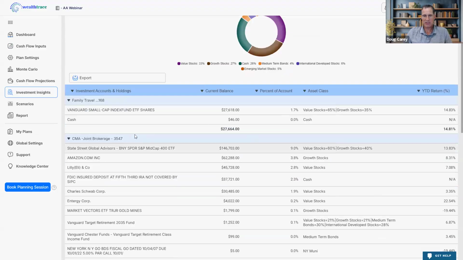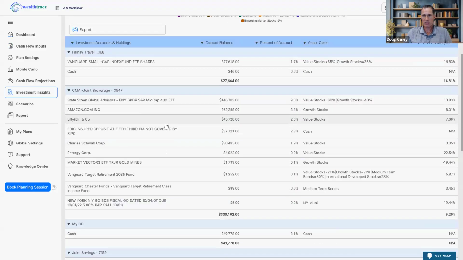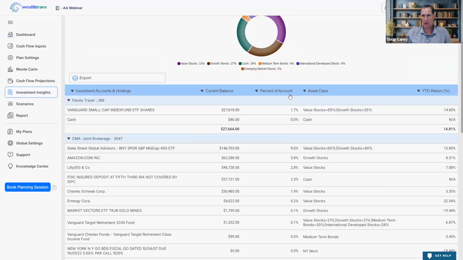I can see the balances by holding and by account, every holding inside these accounts, the percent of the total portfolio, the asset class or asset class mix for the funds and the individual stocks, and even the year-to-date return, which I also love to view.